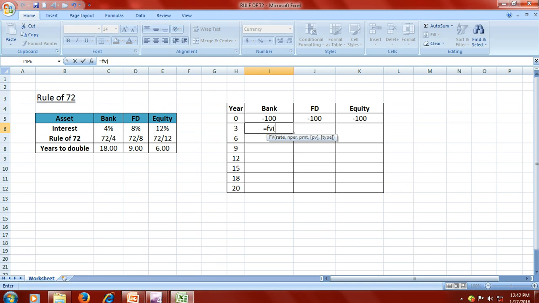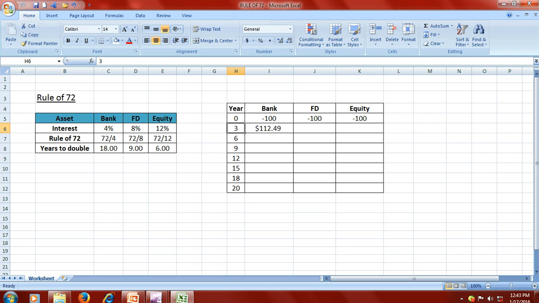FV parenthesis rate is 4%, NPER is 3, there is no PMT, present value is rupees 100 which is invested at time period 0, close the parenthesis. Calculation shows rupees 100 which is invested at the beginning of the period has become 112 rupees 49 paisa in 3 years.